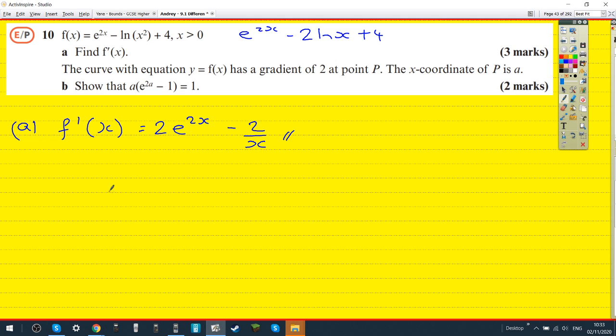Okay. And so now, this is a gradient of 2, so does that mean we need to do 2e to the 2a minus 2 over a equals 2? I think you're onto something.